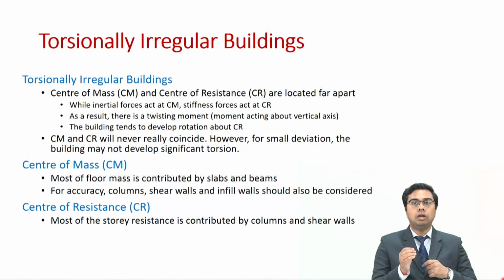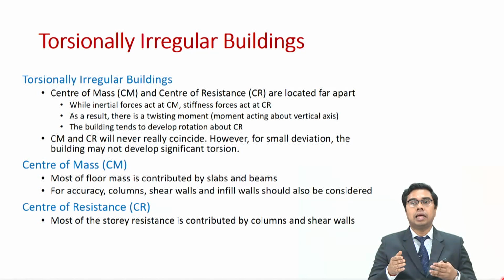However, for a small deviation, the building may not develop significant torsion, but if this deviation between center of mass and center of resistance is large, then we need to account for the torsion. So, let us try to find out the center of mass and center of resistance. When you are trying to find the center of mass, most of the floor mass is contributed by slabs and beams.